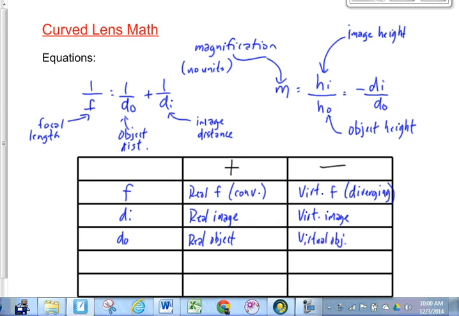The good news is, for us in Physics 30, the object will always be real. There are circumstances in which you can have a virtual object. That won't happen for us in Physics 30. So for us, DO will always be positive, and DO will never be negative.